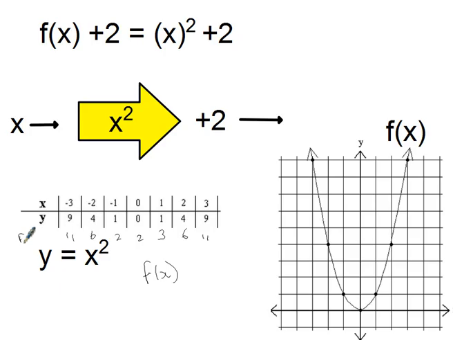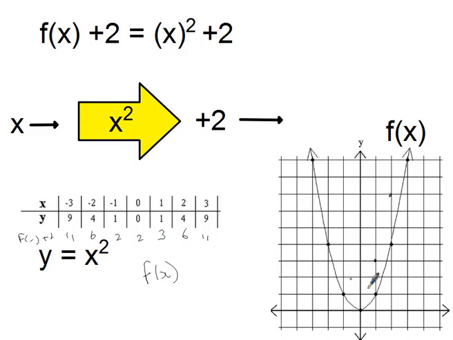So our f of x plus 2 just means that we're going to end up with 2 more than our original. So if you look at 2 going in, it gave us 4 in our original function. But now, when we put 2 in, because we add 2 onto that after squaring it, we end up with 6 coming out. So if I put in 2, 6 comes out. If I put in 1, 3 comes out.